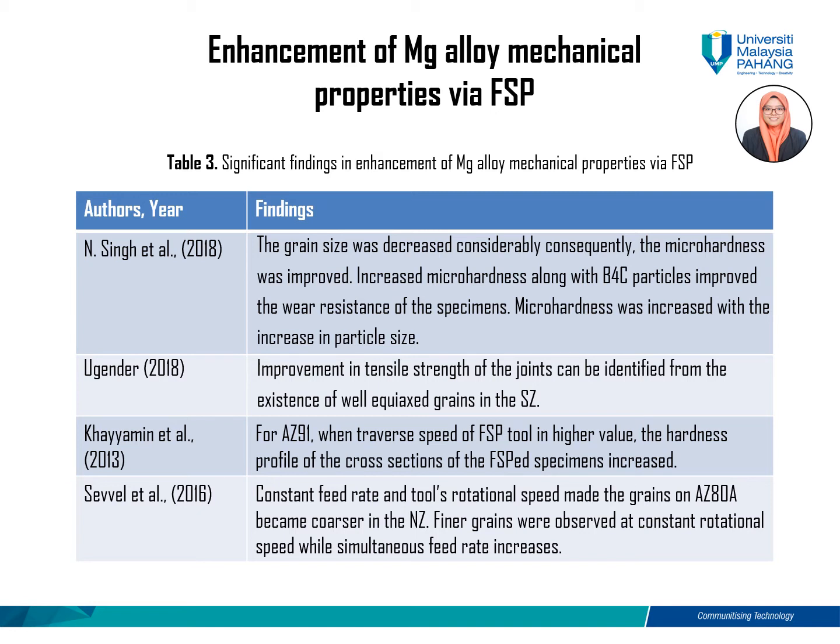Furthermore, Seville et al. explained that constant feed rate and tool rotational speed made the grains on AZ80A become coarser in the nugget zone. Finer grains were observed at constant rotational speed while the feed rate simultaneously increased.